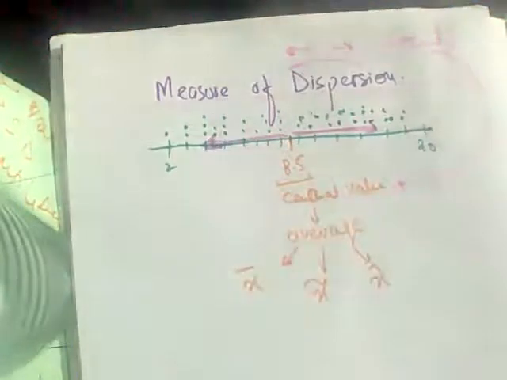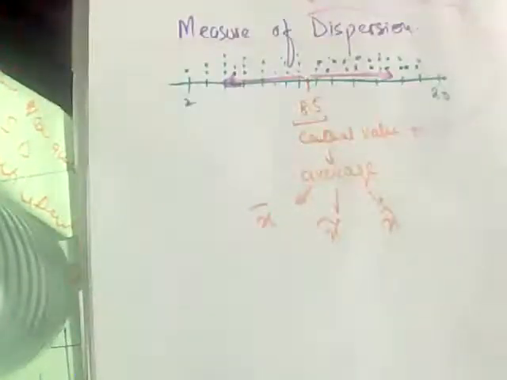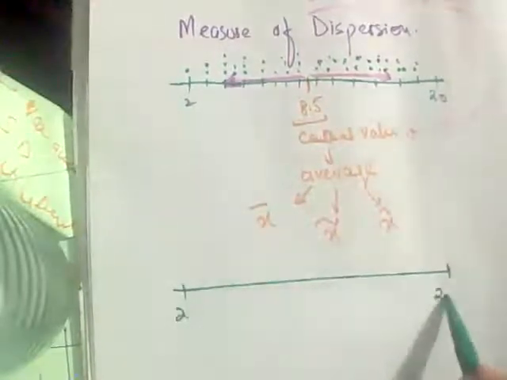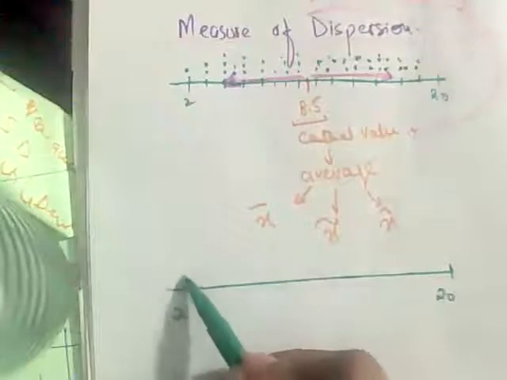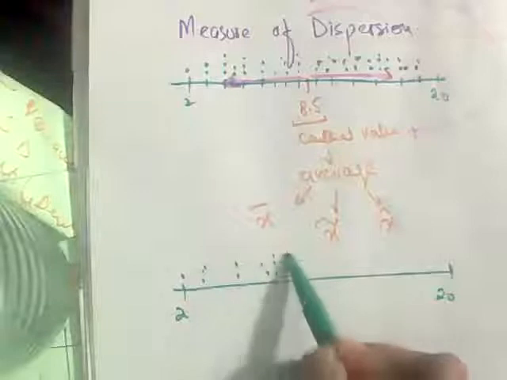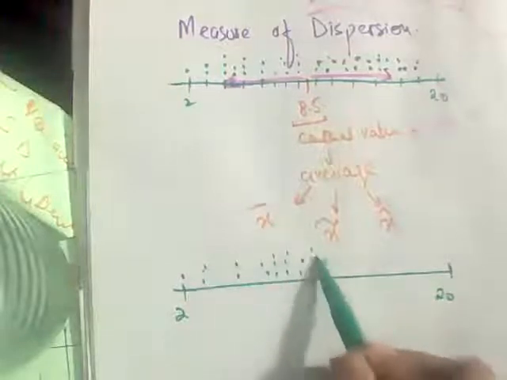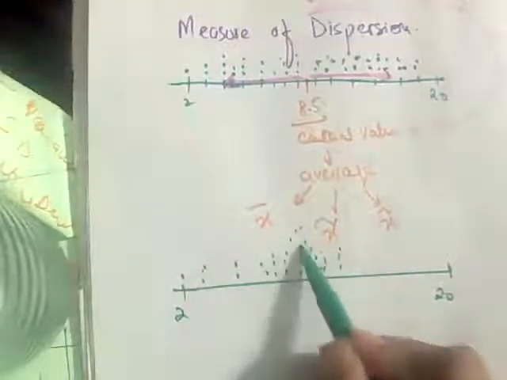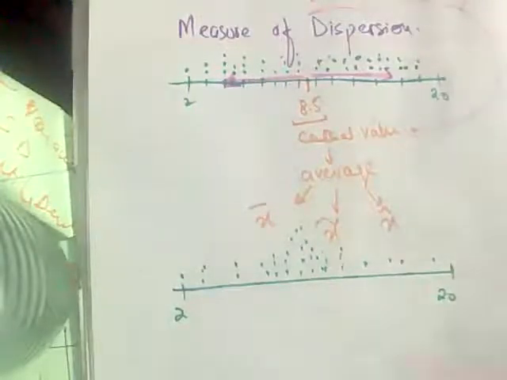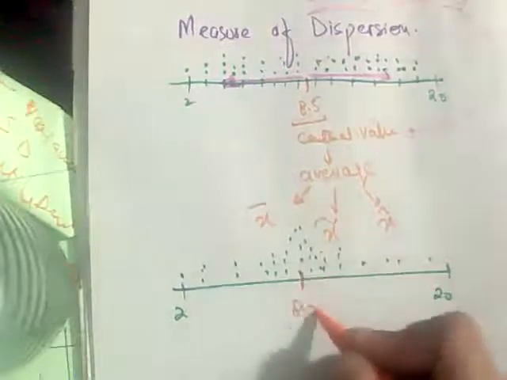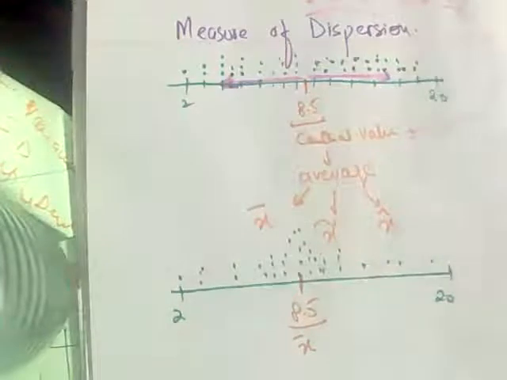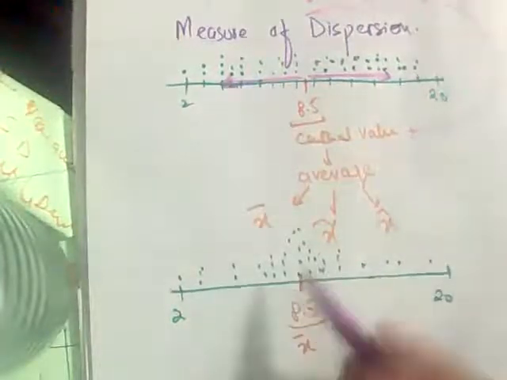Now if I'm going to take another example, and over here again I'm assuming the data is from 2 to 20 and the data is in this form. Majority of the data is over here. Again, even in this case, the mean, median, mode, whatever, I'm assuming mean, is 8.5. But see the dispersion of data.